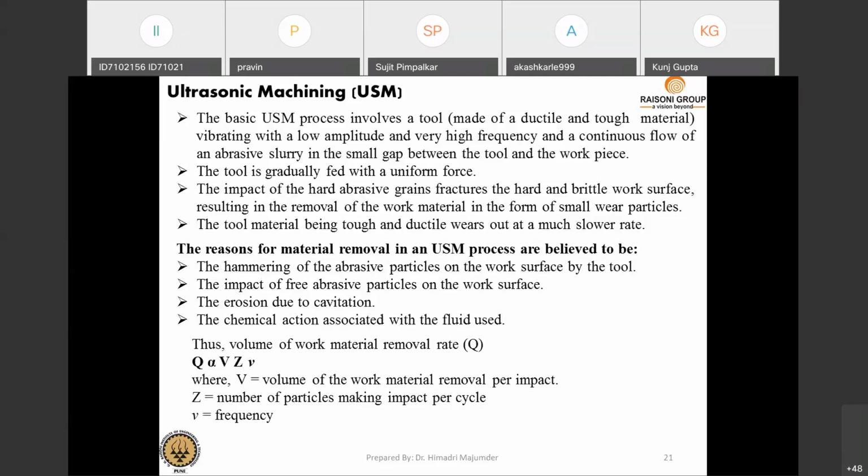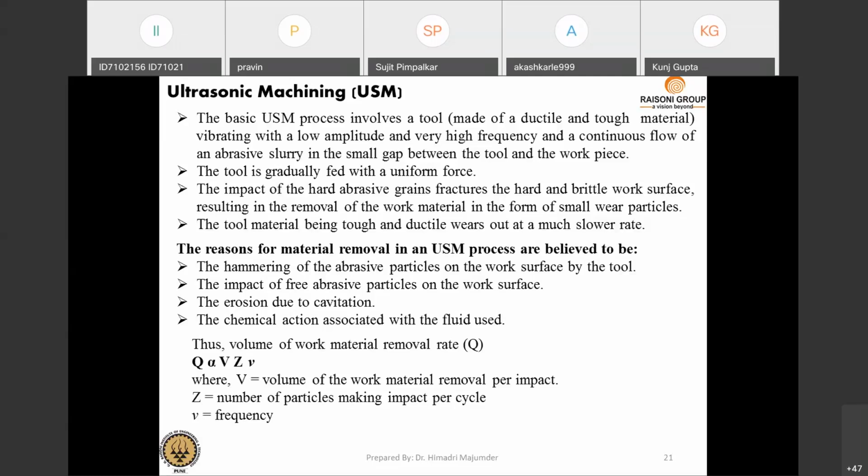The impact of the hard abrasive grains fractures the hard and brittle work surface, resulting in the removal of the work material in the form of small wear particles. The tool material, being tough and ductile, wears out at a much lower rate. As your tool material is made of some tough material, some ductile metallic alloys, the wear on the tool material will be less.